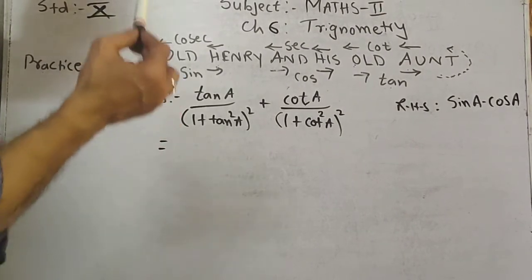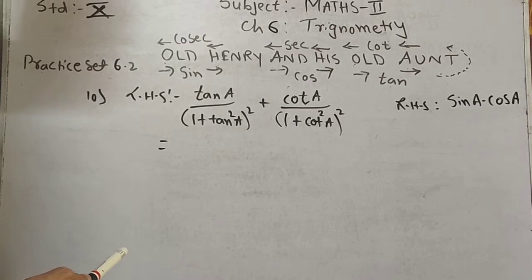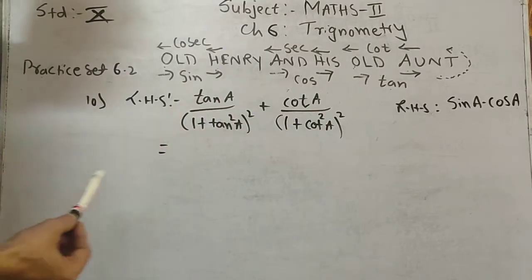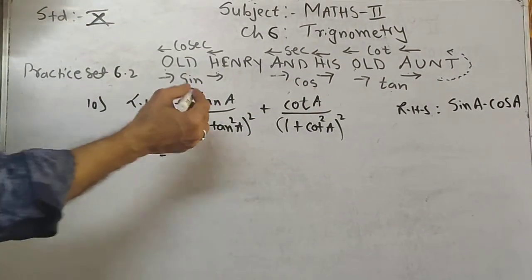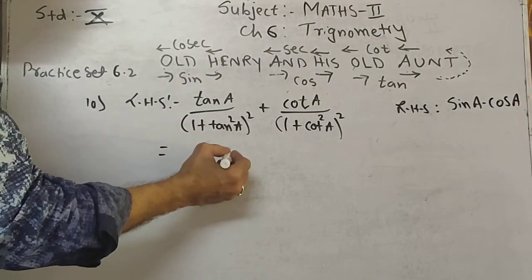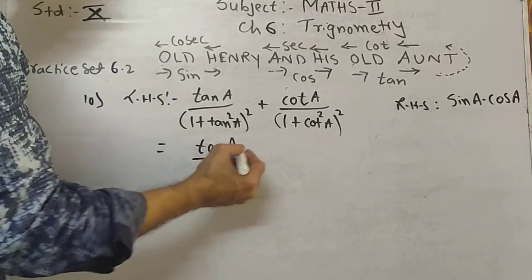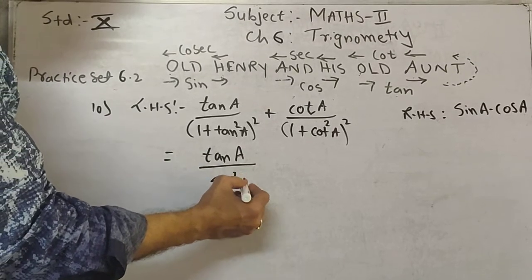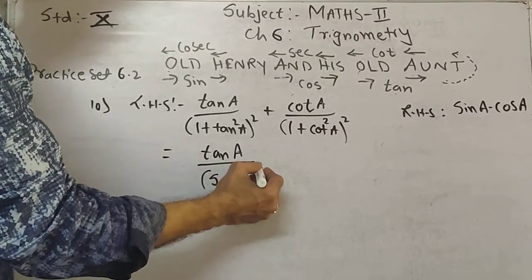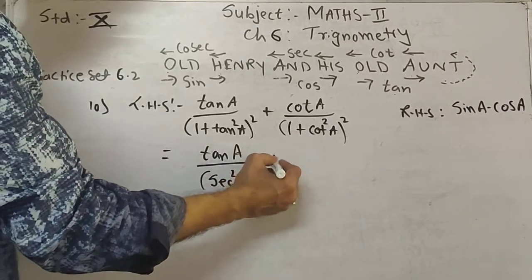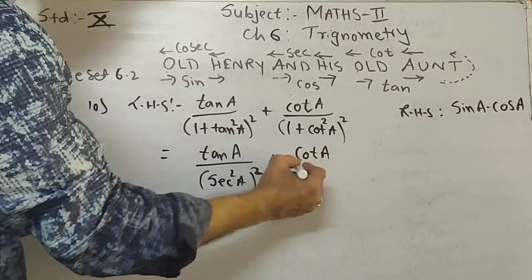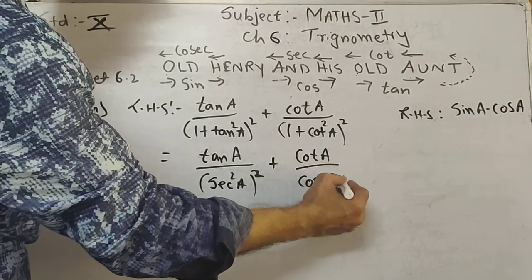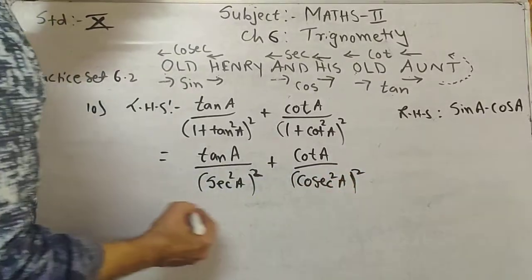As I told you, you have to simplify and bring it in the form of sin and cos. Then only you will get the answer. Here also it is the same. Tan a upon 1 plus tan square a, 1 plus tan square a means sec square a, plus cot a upon 1 plus cot square a, and 1 plus cot square a means cosec square a, the whole square.